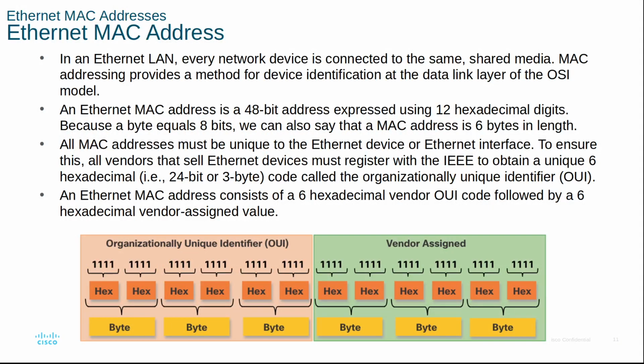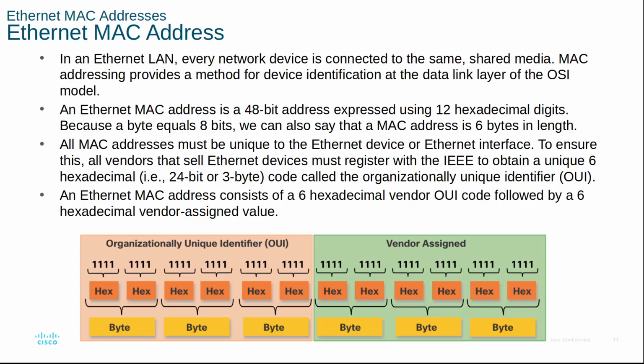Now, every device on a network has a MAC address, and every MAC address has to be unique. And because they have to be unique, we have to have ways of making sure they are going to be unique. So every single vendor that sells networking equipment has to register with the IEEE and obtain a 6 hexadecimal code called the OUI, the Organizationally Unique Identifier.